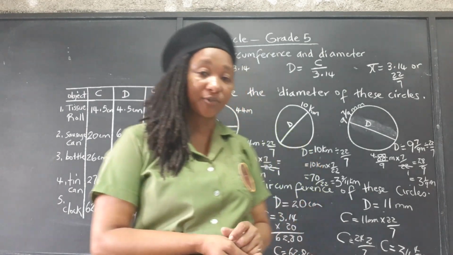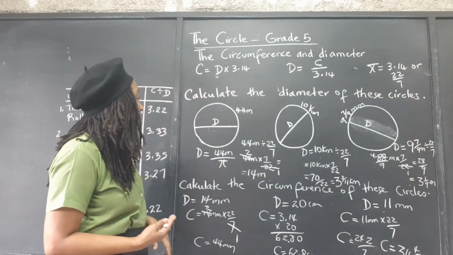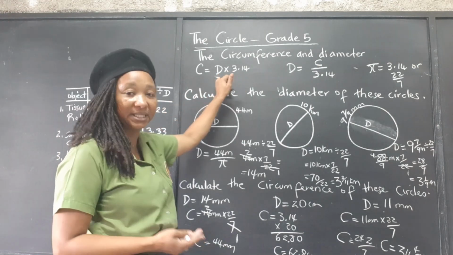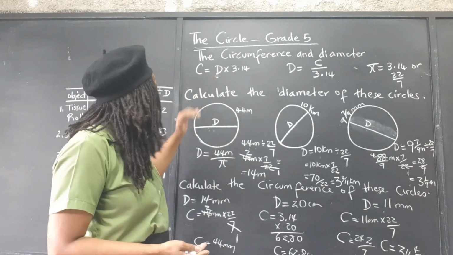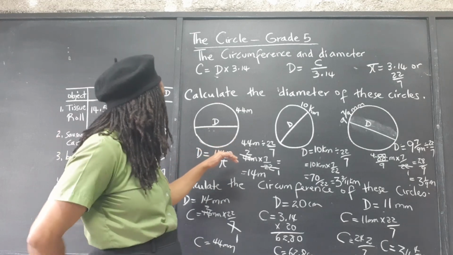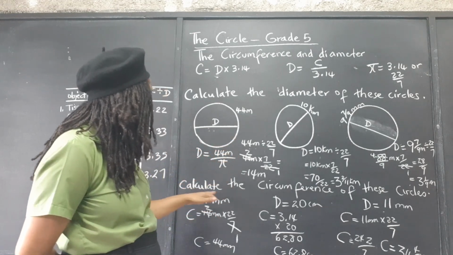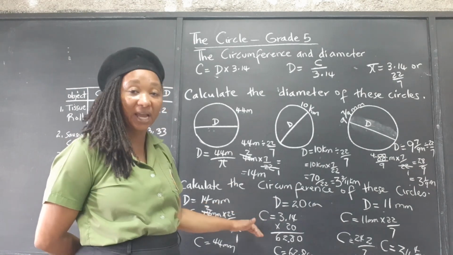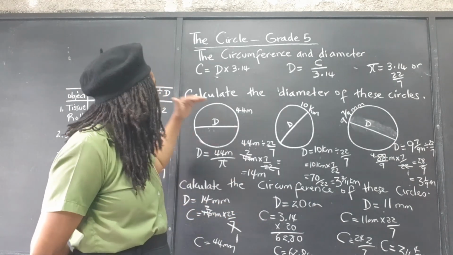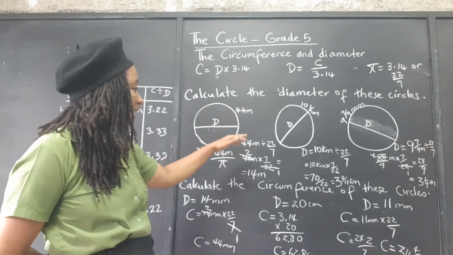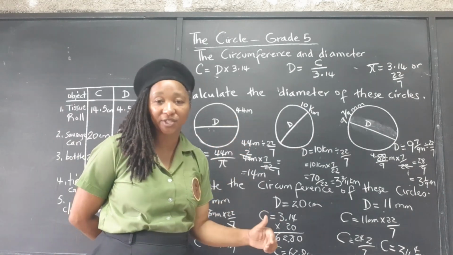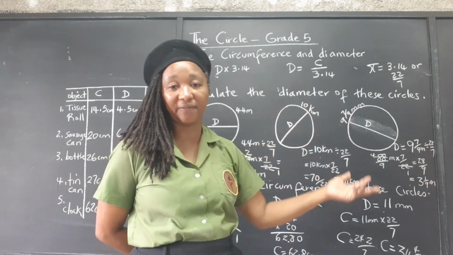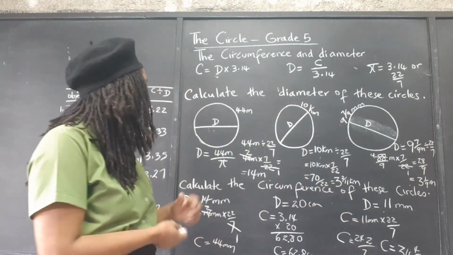So knowing this relationship, since the circumference is roughly 3.14 times the diameter, if we are given the diameter, we multiply it by 3.14 to find the circumference. And if we are given the circumference and we want the diameter, we divide the circumference by 3.14 or 22/7 to get the diameter.